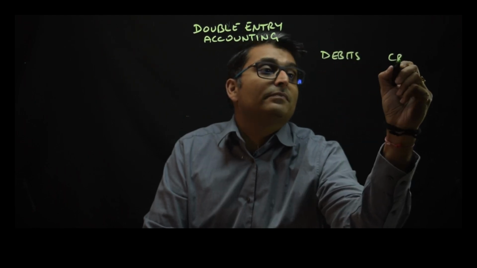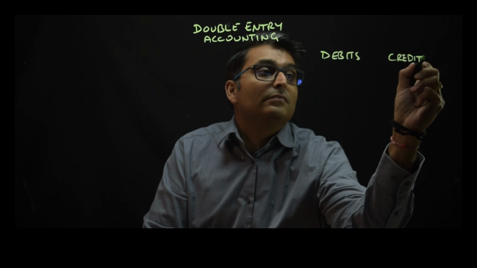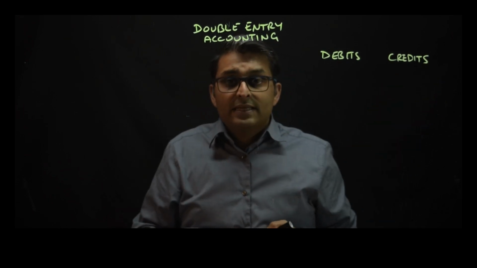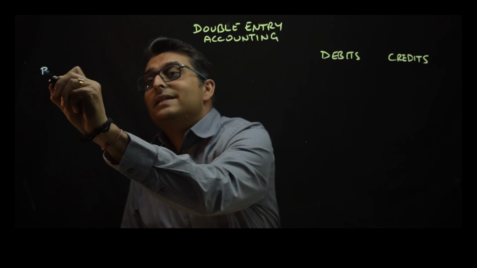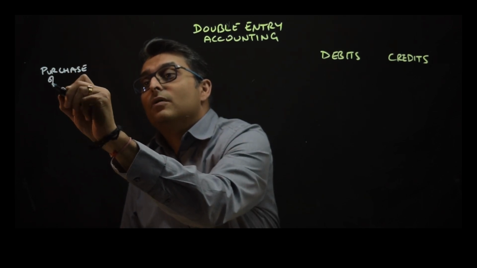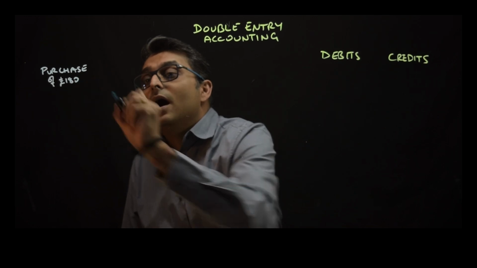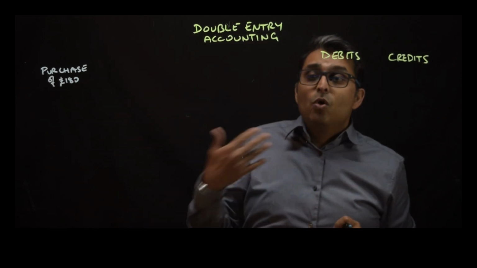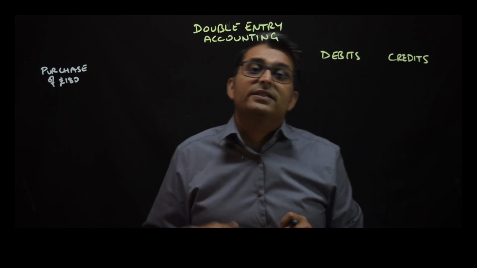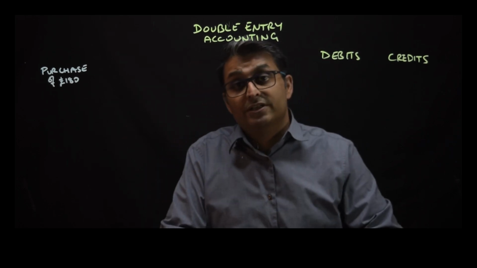debits and credits. Let's take an example. Let's say you make a purchase of £180. What you see is money moving from you to the person or business that you are making the purchase from.